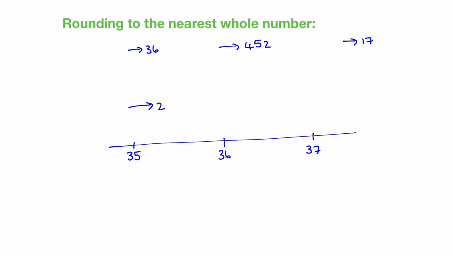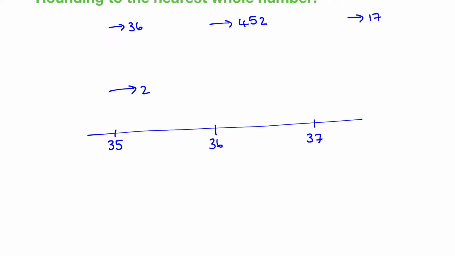So for a number to be rounded to 36, to the nearest whole number, it needs to be closer to 36 than it is to 35, and closer to 36 than it is to 37. So where I've just coloured in that number line, they're the numbers that would round to give us 36.